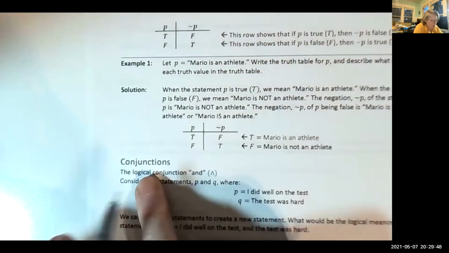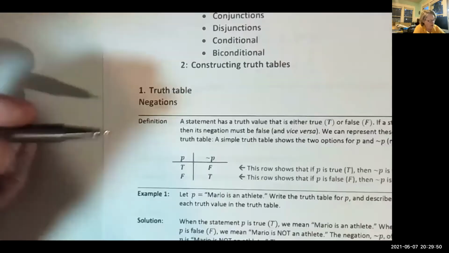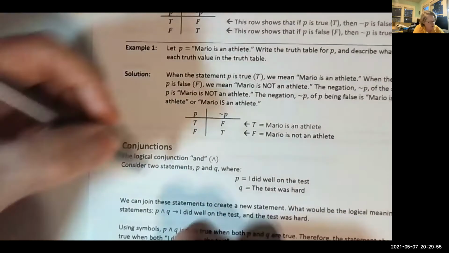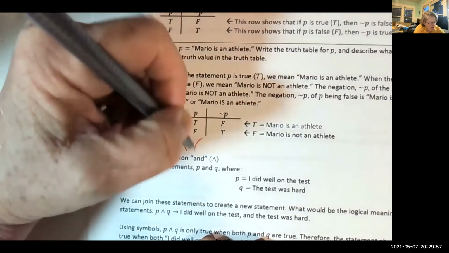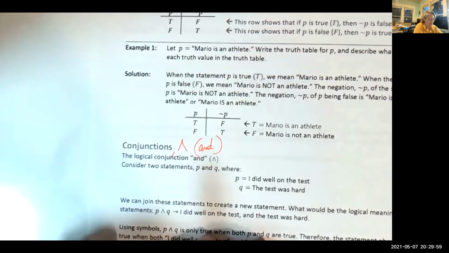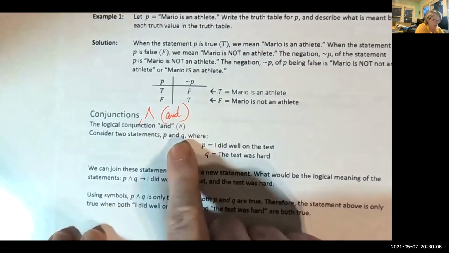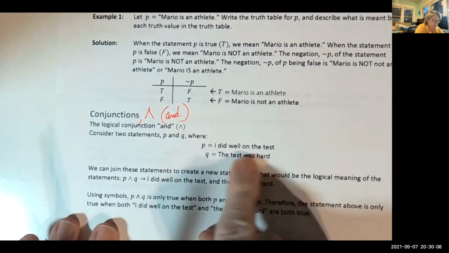If we put a conjunction, remember, negation is the tilde. A conjunction, that means and, and it's this tent shape. So say we have two statements, P and Q. P is, I did well on the test.